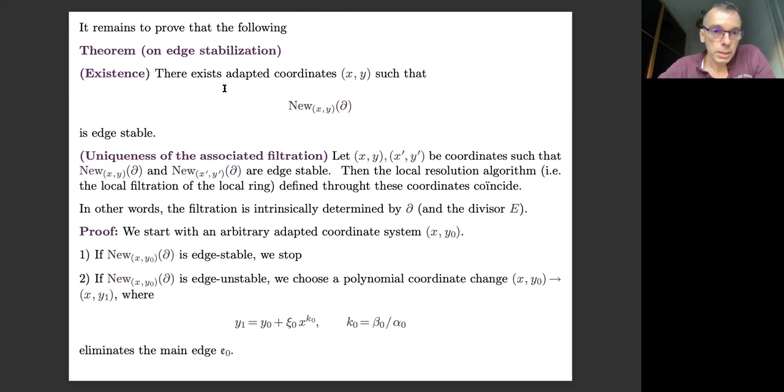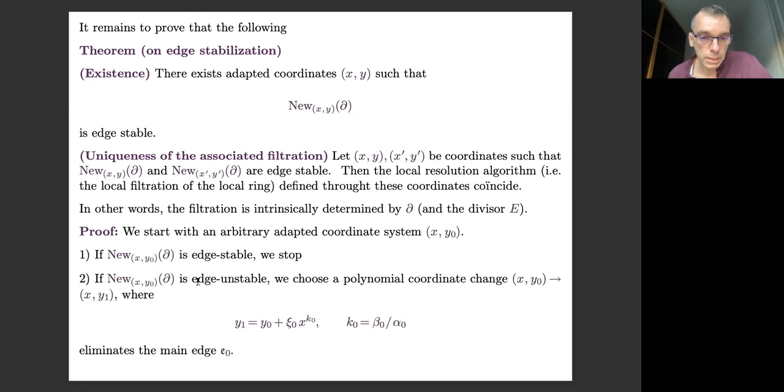Okay, so there are two parts here. The first part is a rather easy argument. How do you get this stabilization procedure? We start with any adapted coordinate system, say x, y0, and then we proceed with an iterative algorithm. If by chance we have an edge stable situation, then we stop.